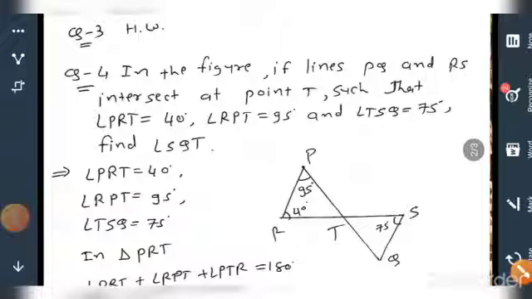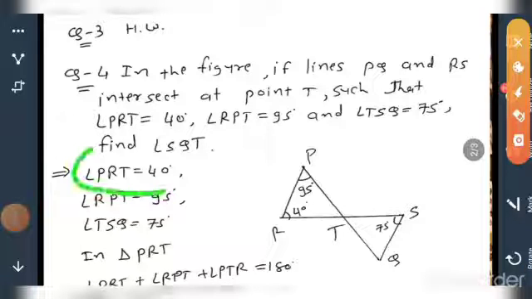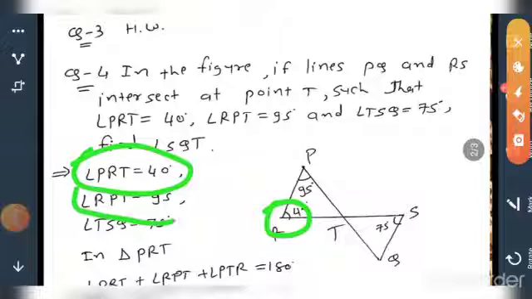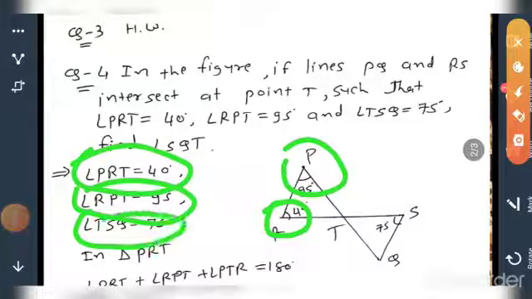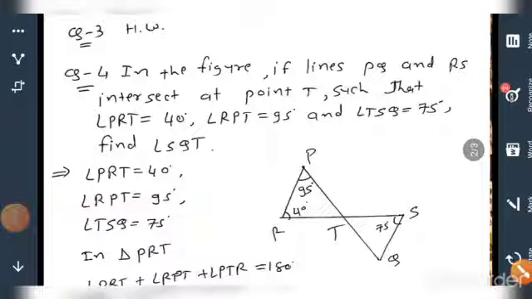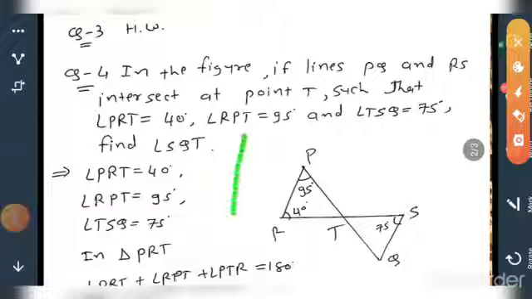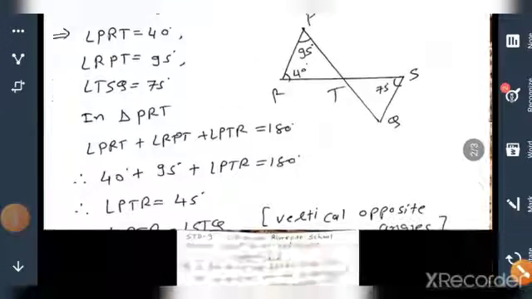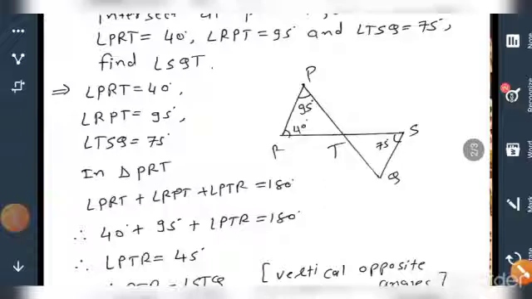So let's put the values which are given in the question. First value is PRT, that is 40, then RPT, that is 95, then TSQ, that is 75, which we put in the figure. After that, in triangle PRT, we all know the angle sum property.